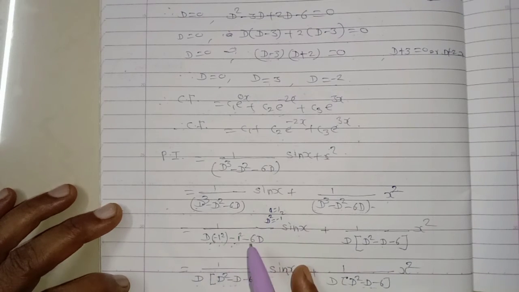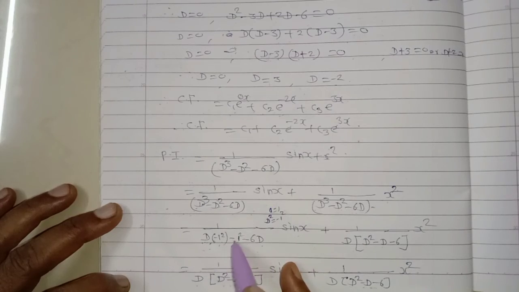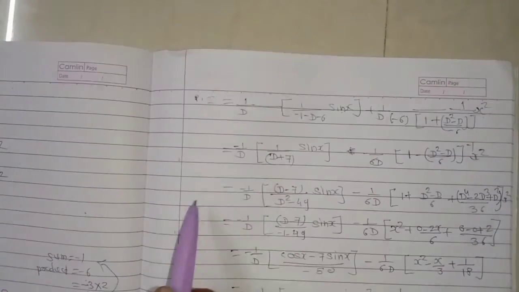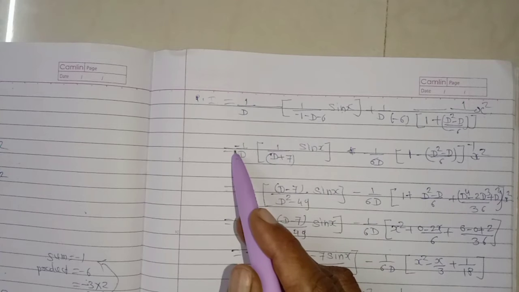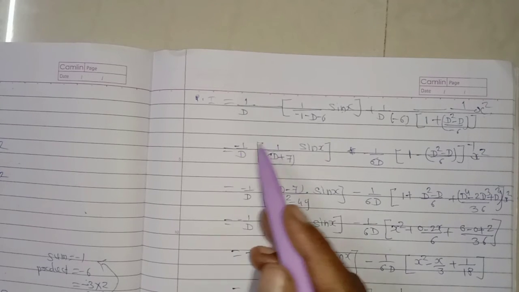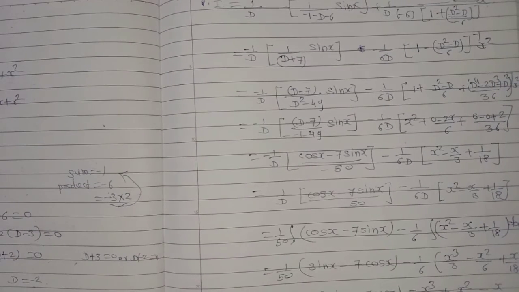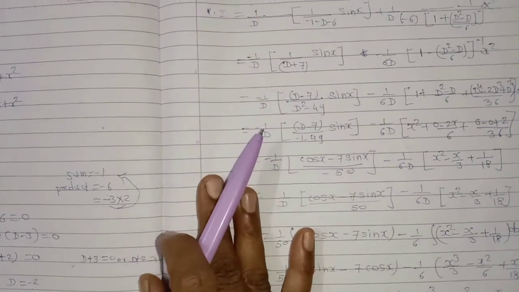Same term, that is minus 1 square is minus 1, minus D minus 6D, that means minus 7D minus 1. Same term comes here. We take the minus sign common. That means we can do these calculations by any method.